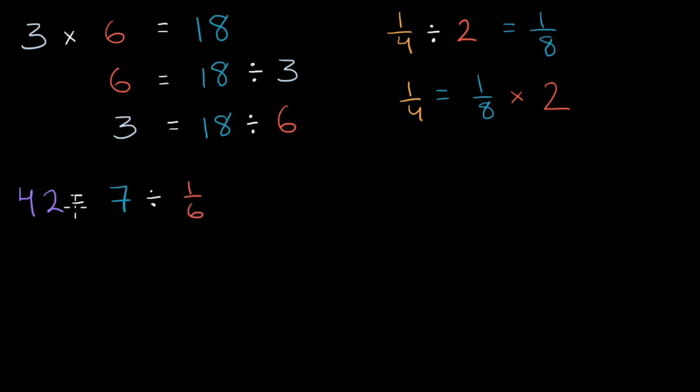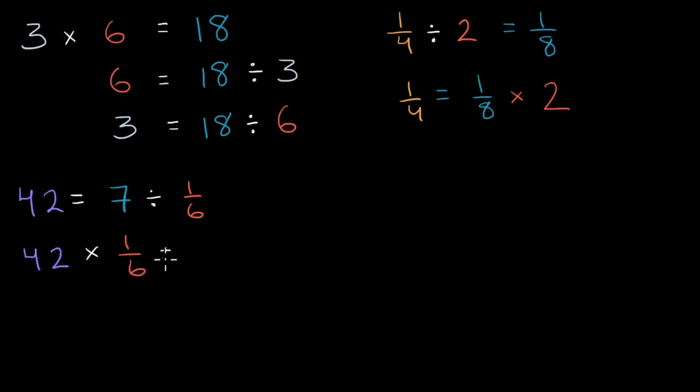But just based on what you see here, how could we express this same relationship between 42, 7, and 1/6, but express it with multiplication? Pause this video and think about that. Well, if 42 is equal to 7 divided by 1/6, that means that 42 times 1/6 is equal to 7. So let me write that down. This is the same relationship as saying that 42 times 1/6 is equal to 7.